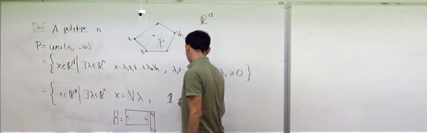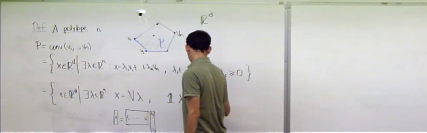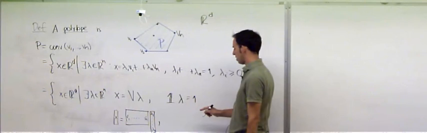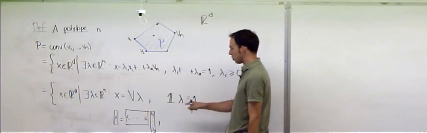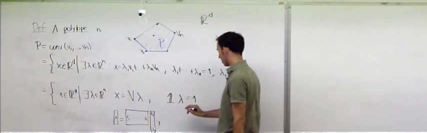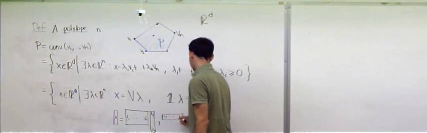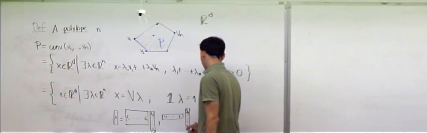And I'm going to also write this as something like this, where this one is a row vector of ones, and lambda is my column vector.